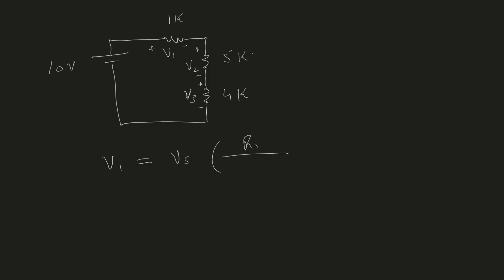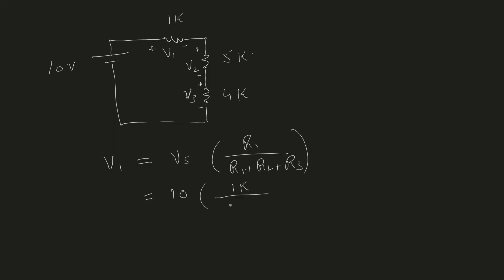So as I said earlier, VDR is applicable to series circuits. So therefore, the total resistance is R1 plus R2 plus R3. Then I will have 10 volts multiplied by R1, which is 1 kilo ohm.